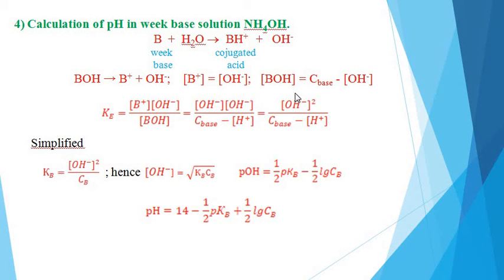From this we find the concentration of B, the weak base, which is equal to the general concentration of base minus the concentration of hydroxide group, and we find the constant of equilibrium, a simplified form of the basicity constant, and hence the concentration of hydroxide ions is equal to the root of the constant of basicity multiplied by the concentration of base, and we find pOH and pH.